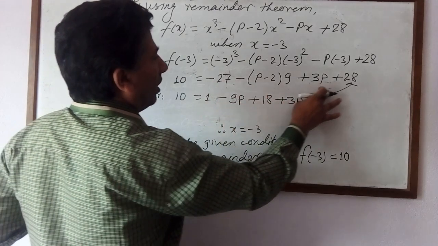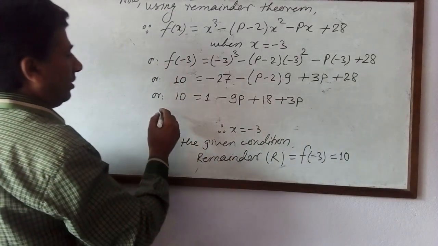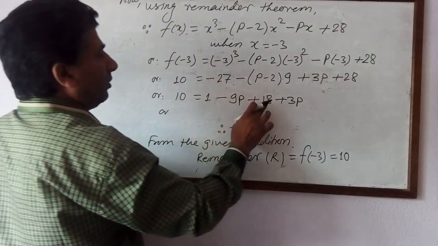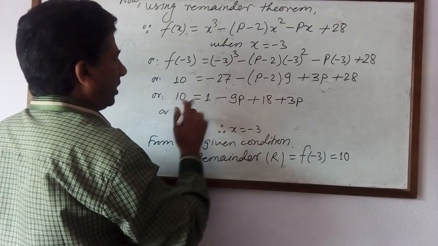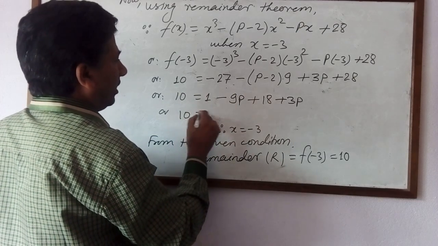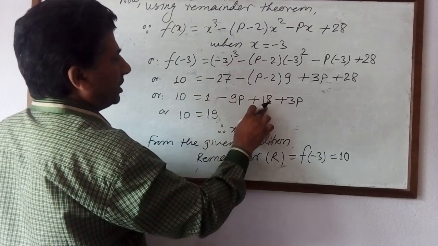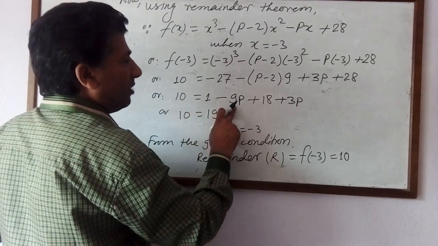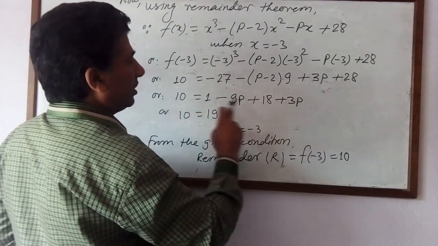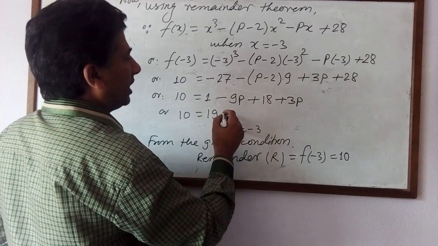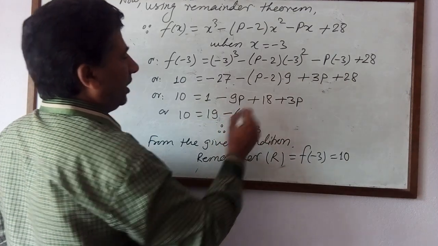Now again we need to simplify. 10 equals 18 plus 1, which is 19, and minus 9p plus 3p is minus 6p.